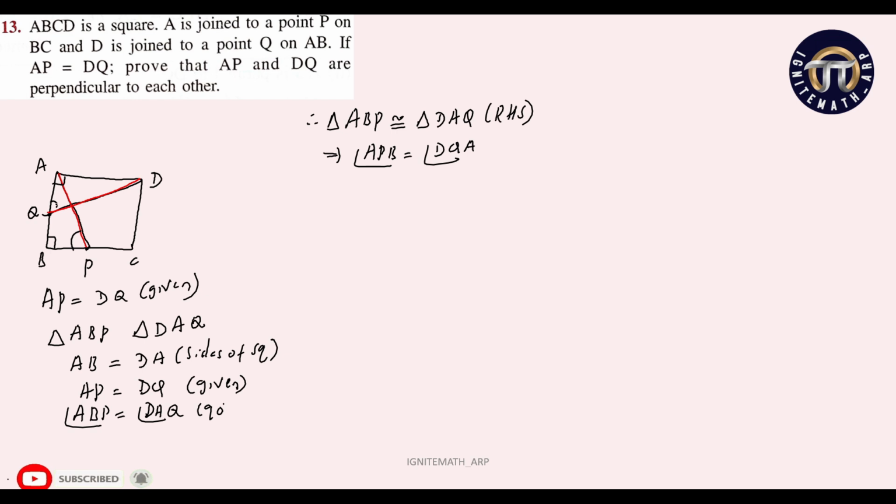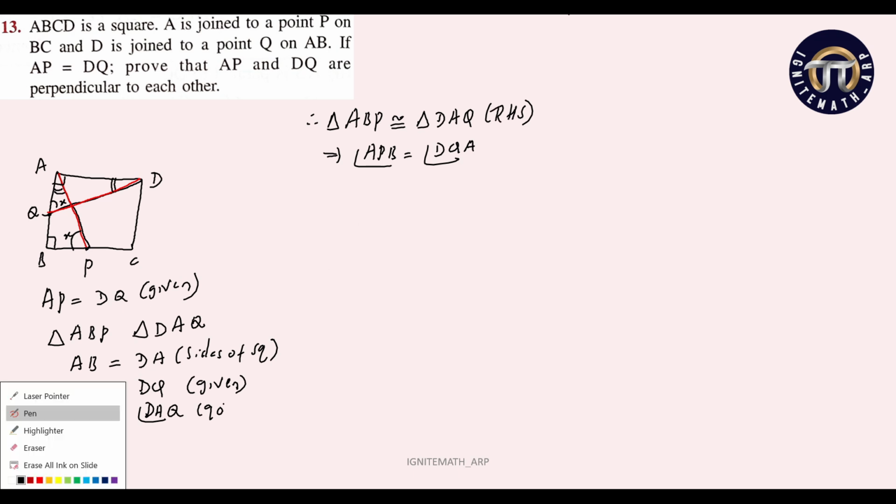So by CPCTE, this angle over here is equal to this angle. These two angles are also equal to each other by CPCTE. Clear? So now I can say that this angle is x and this angle is also x. I hope you are getting what I mean to say, children. So both the angles are x over there.